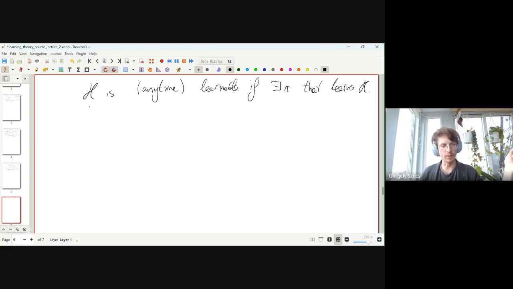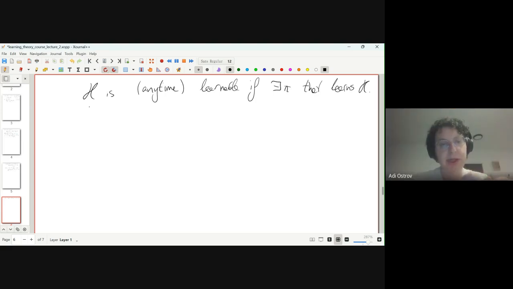So an interesting thing is to find a sweet spot of a hypothesis class that's large enough to still be learnable, but rich enough to capture a lot of possible environments.